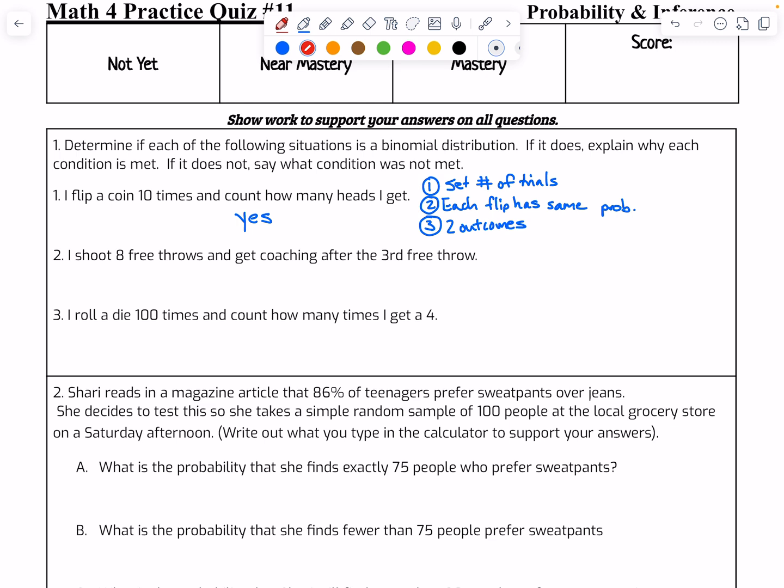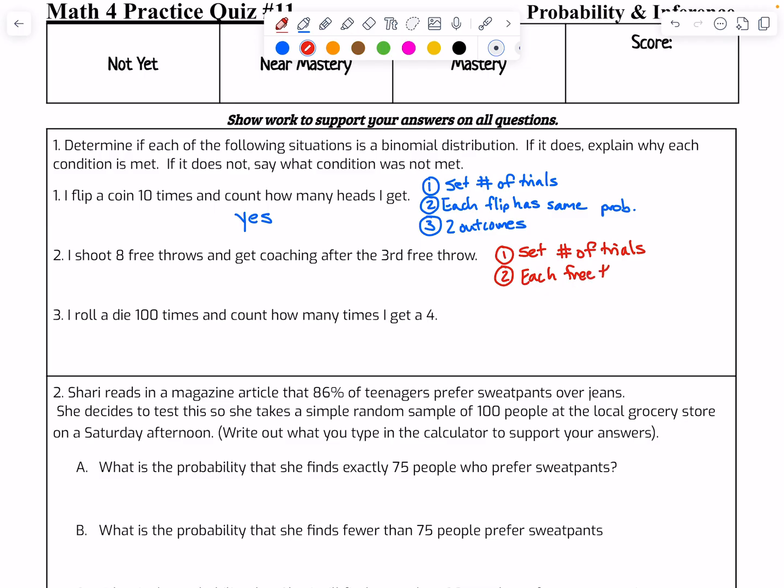So number 2 says I shoot 8 free throws and get coaching after the 3rd free throw. So number 1, there was a set number of trials of 8 free throws. So that's good. Number 2, though, each free throw would not have the same probability because there was coaching after the 3rd.